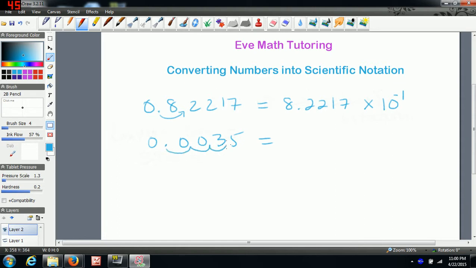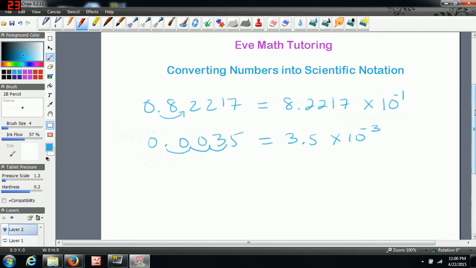So that's going to be 1, 2, 3. So I get 3.5 times 10 to the, because I made the number larger, I have to make the exponent smaller. And I moved it over 3 times, so this becomes minus 3. Because I moved the decimal to the right, I make the exponent 10 to the negative 3.